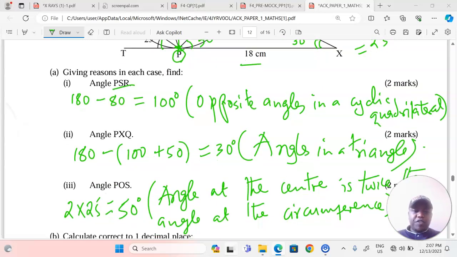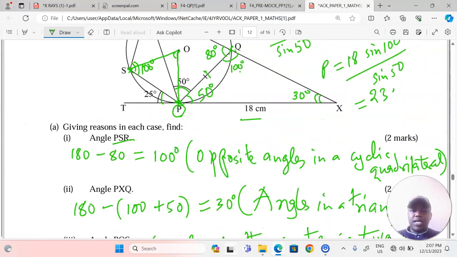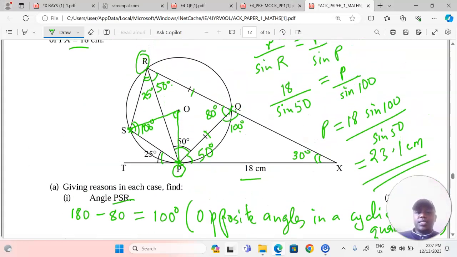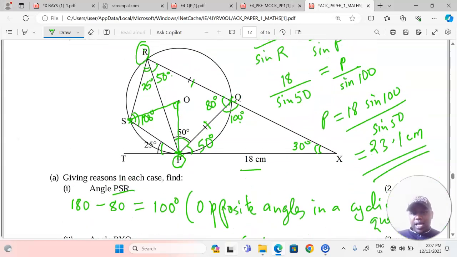We have been told to give 1 decimal place, so 23.1 centimeters. That is the length RX, the whole of that length.